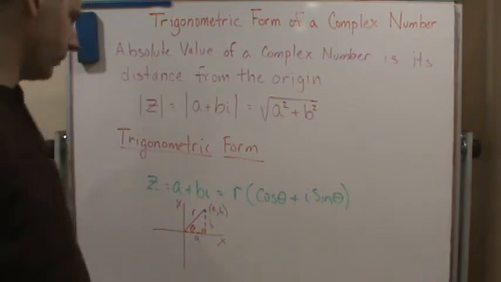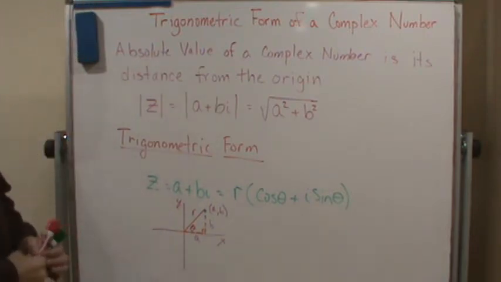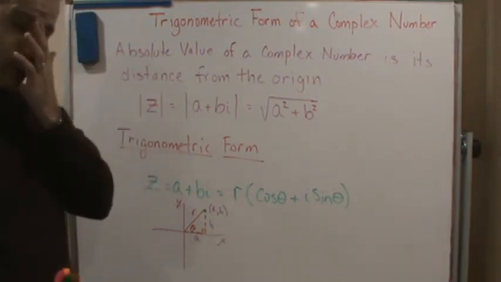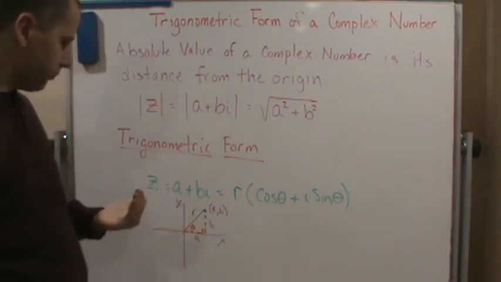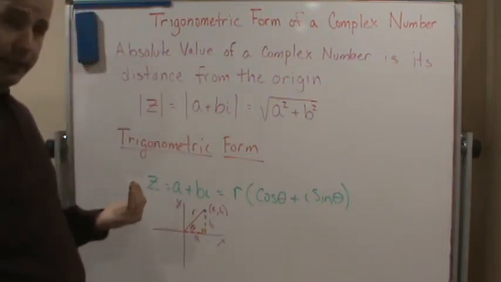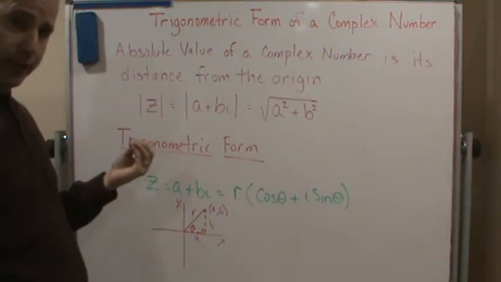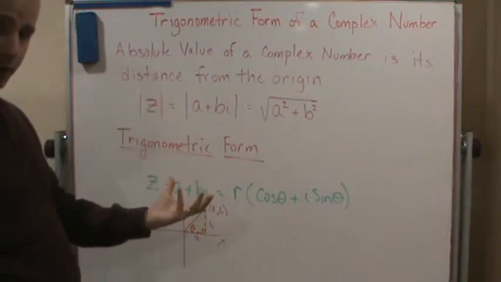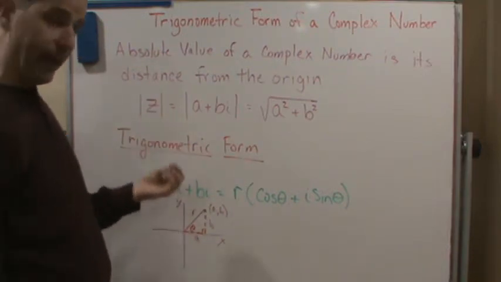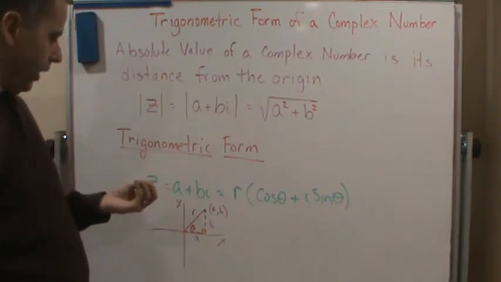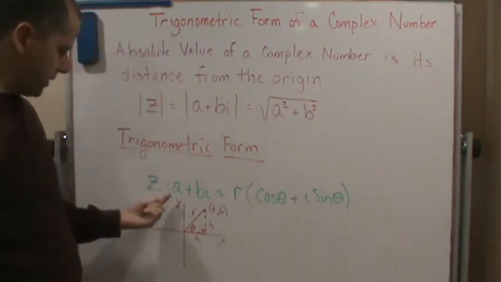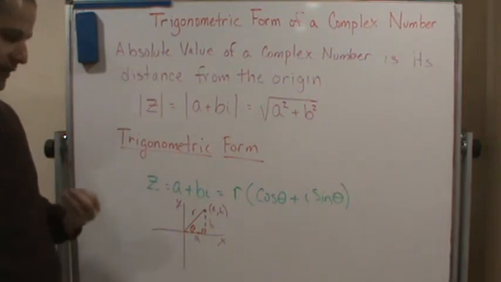It's very simple, because it's the same way we would transform if we were converting an xy coordinate into polar notation, okay? So with theta and r, all we're going to do is represent a plus bi using theta and r.